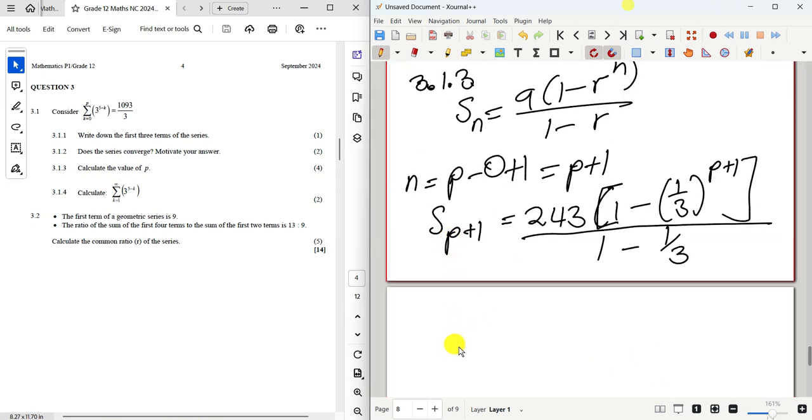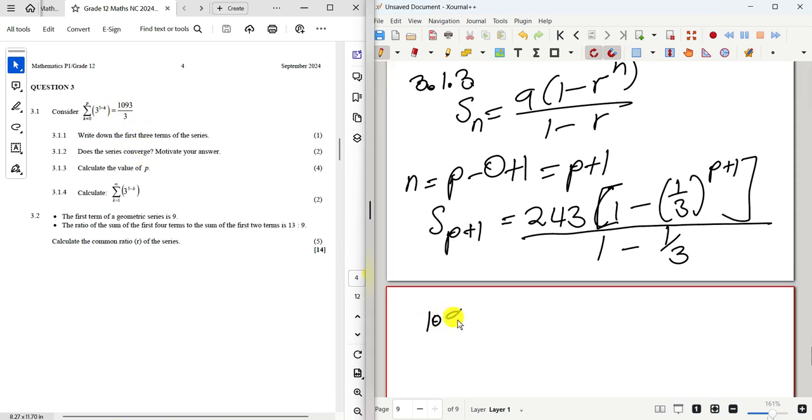This sum of terms is basically given to us as 1093 over 3. So this is equal to 243, but if you like, you can just simplify it and say 243 over 1 minus 1 over 3. Should we do it in that way?